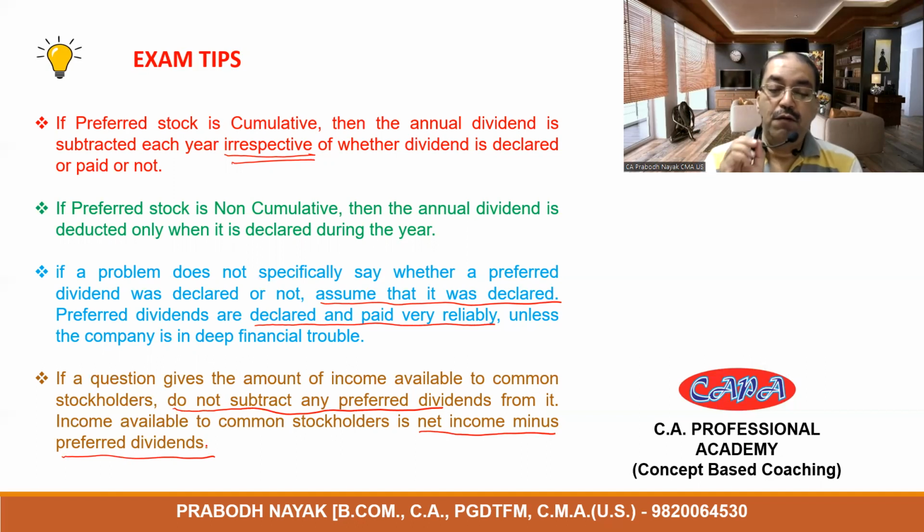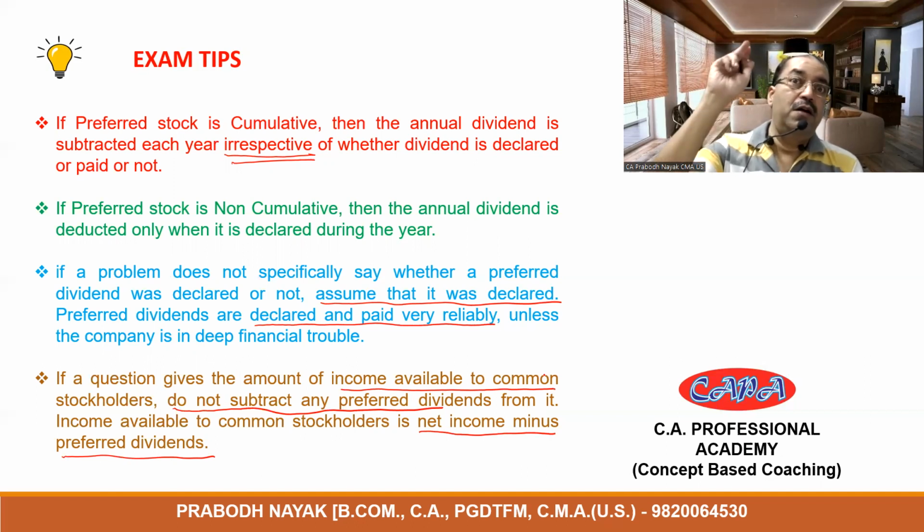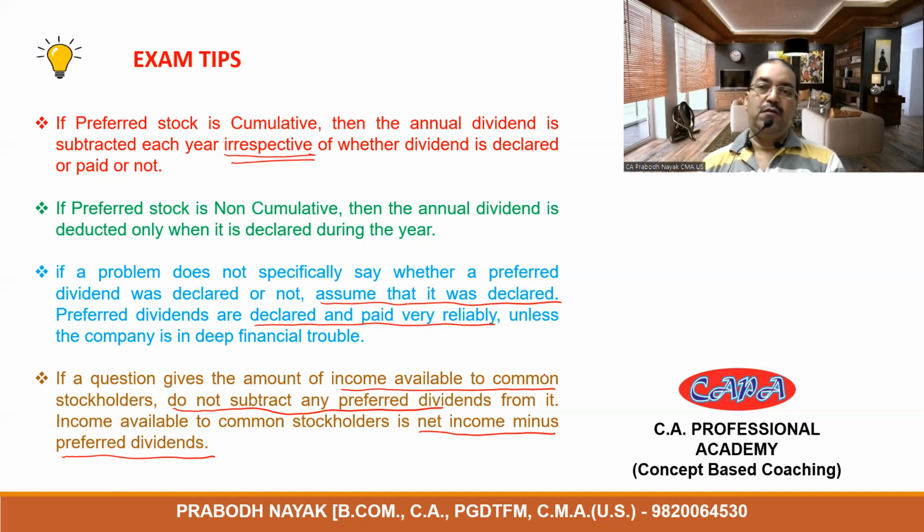So always read the question, whether it is income available for common stockholders or income earned by the corporation. Income earned by the corporation means it is net profit after tax. Then minus the preference dividend, to arrive at net income available for common stockholders.